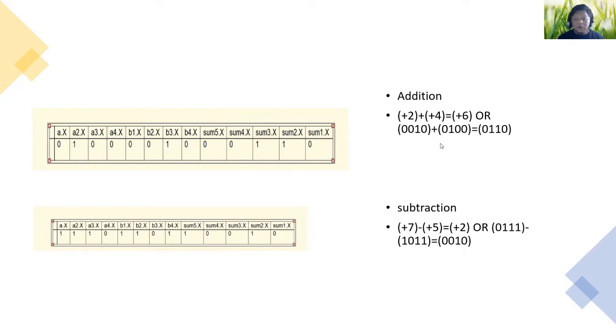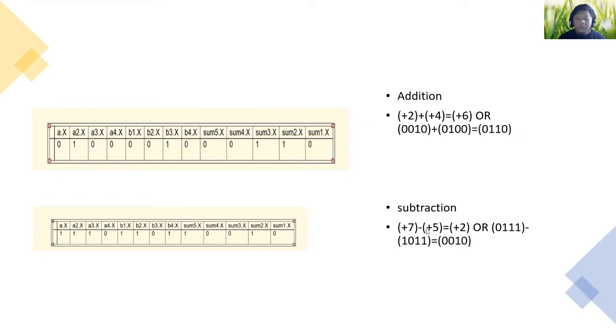I must change all the decimal numbers to binary numbers, like 2 equal 0, 0, 1, 0, 4 equal 0, 1, 0, 0, 6 equal 0, 1, 1, 0. So 2 plus 4 equals 6, equal 0, 1, 1, 0.